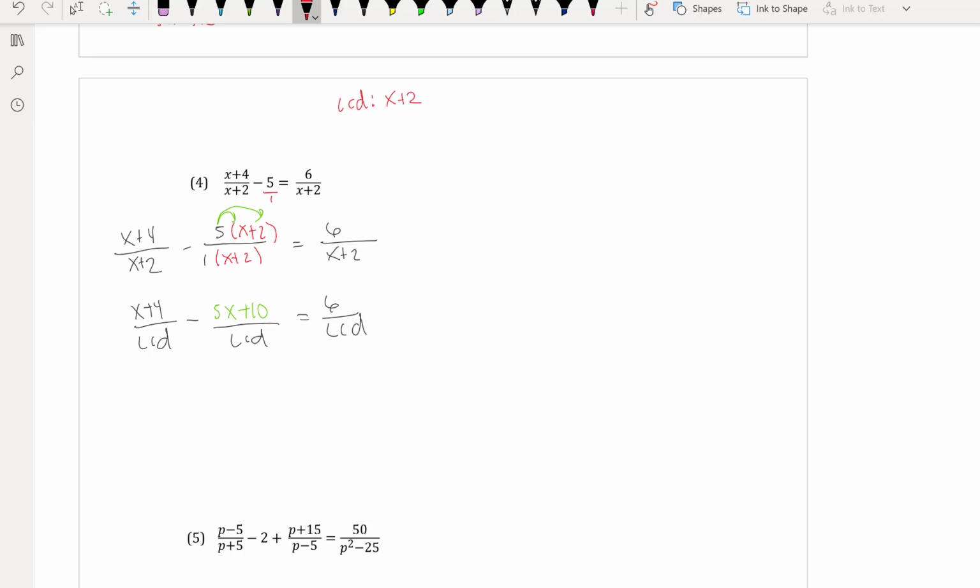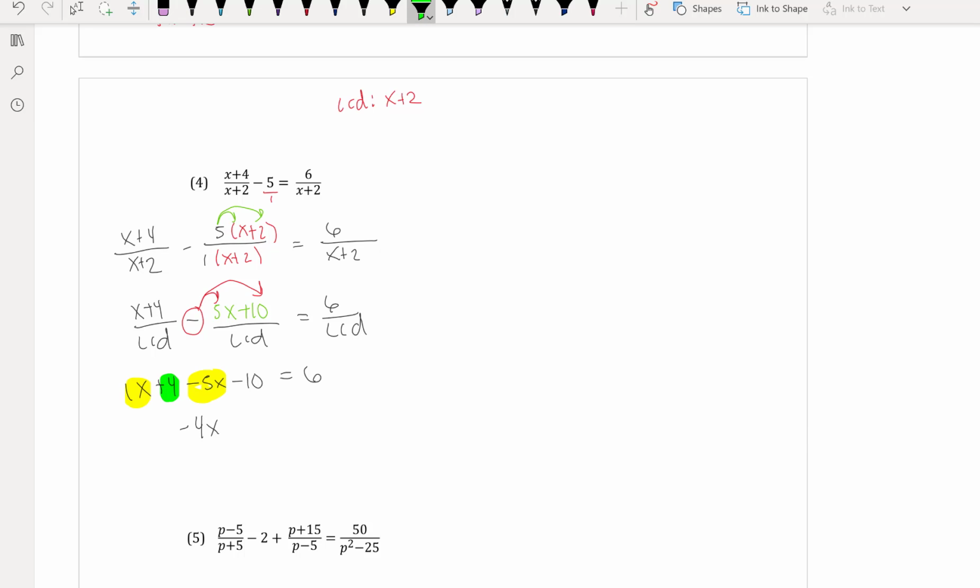I'm definitely going to be canceling out my LCDs, but I want to be careful because I have a subtraction. So remember that the subtraction also gets distributed. If there's going to be a mistake, it's usually here. So I have the x plus 4 minus the 5x minus 10 is equal to a positive 6. So when I combine like terms, I have this 1x and this negative 5x. So that's going to give me a negative 4x.